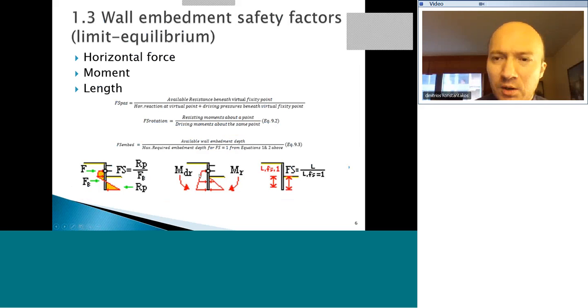We can always look at the rotational or moment safety factor, where we're taking the moment below the lowest support, resisting and driving. And there's also a length-based safety factor, which by finding a safety factor of 1 for either the force or the moment, whichever is more critical, then we can express the safety factor as the available length divided by what is required for a safety factor of 1.